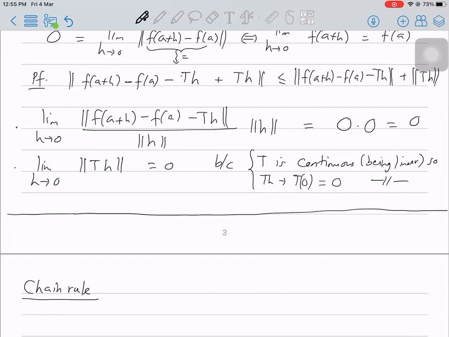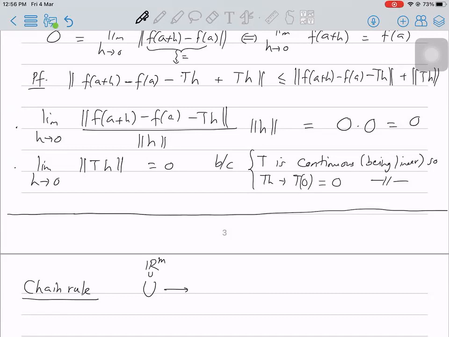What is the statement of the chain rule? The chain rule means I need to have two maps, and I want to compose them. I want to take the derivative of each one. The first map is from U, which is something in R^m, to R^n. Then I want to put together another map after that.